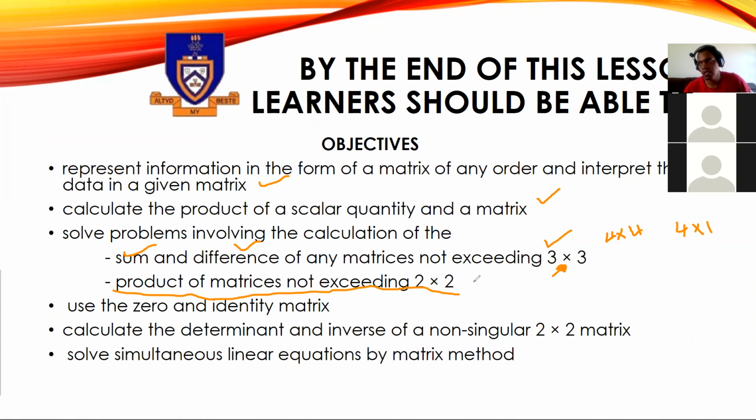So the sizes here are just based on how much you have to calculate to get the answers. And that's basically what we will be focusing on today. And we will be mentioning some of these things as well. Hopefully, by the explanations, we will also get to do the zero matrix and identity matrix.